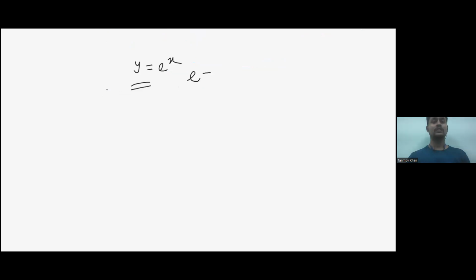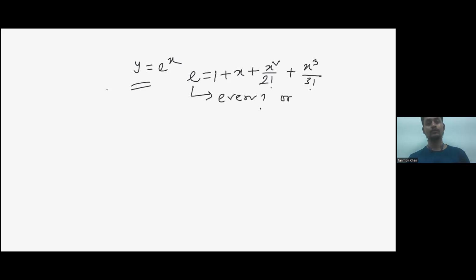So we're going to have 1 plus x plus x squared by 2 factorial plus x cubed by 3 factorial. Let me ask one question: is this function even, or is it neither even nor odd?